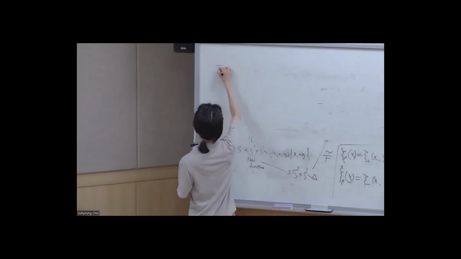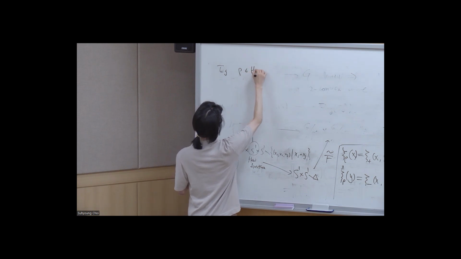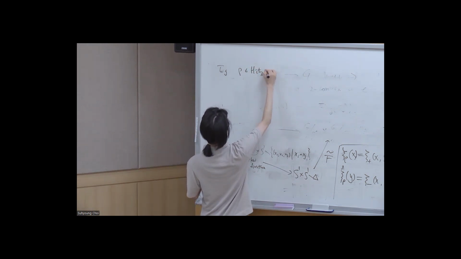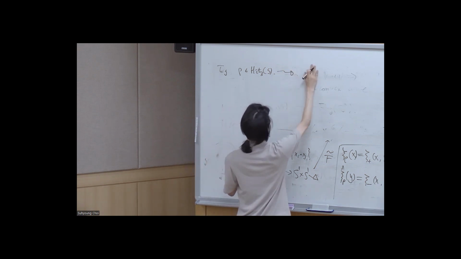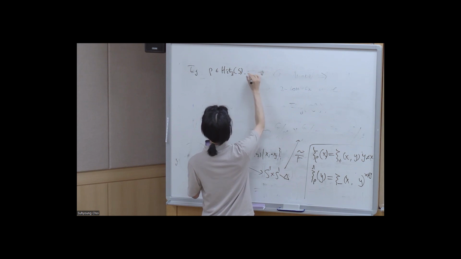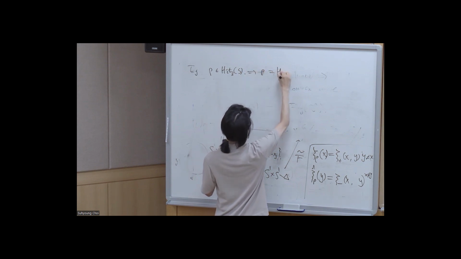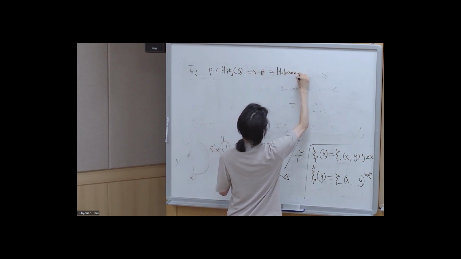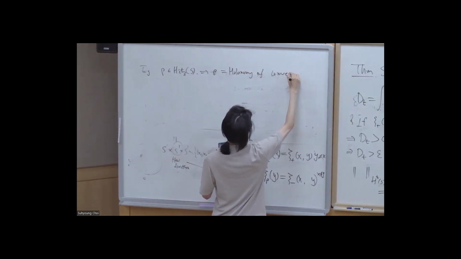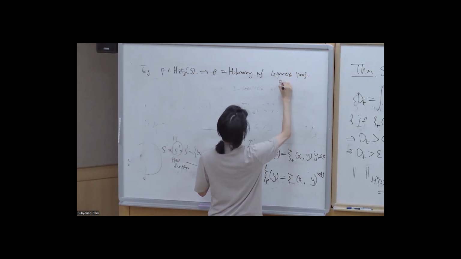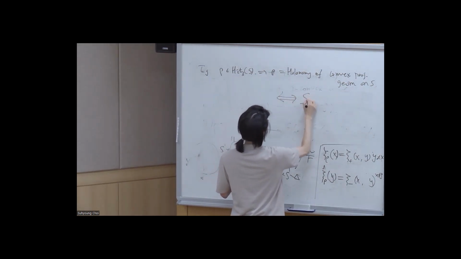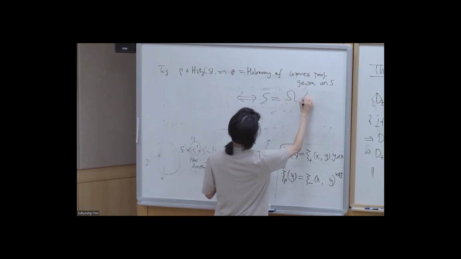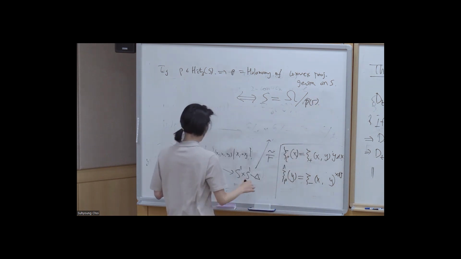So for example, if we have a Hitchin component, I mean, a PGL3 Hitchin representation, and rho is a holonomy of a convex projective geometry on S. That's nothing but, we can write it as a quotient of some convex domain by this.